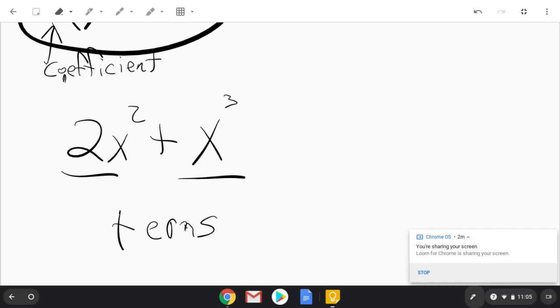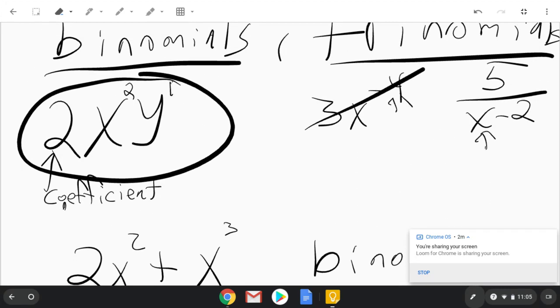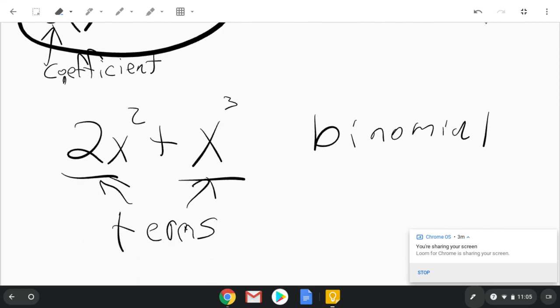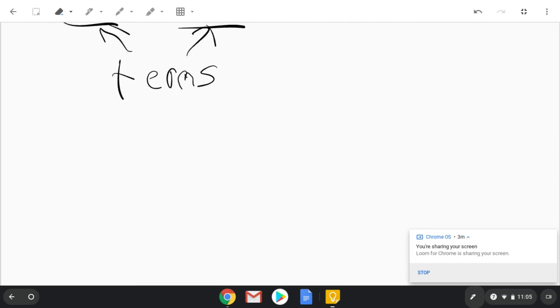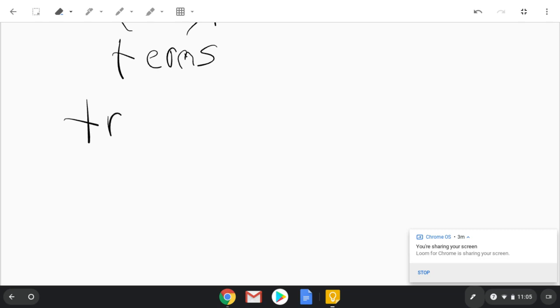It's got two terms, and this is an example of a binomial. Now the one we had up here, the 2x squared y to the first, was considered a monomial because it only had one term. There's no plus or minuses. So that's a binomial, and I'm sure you can guess what a trinomial is by now.